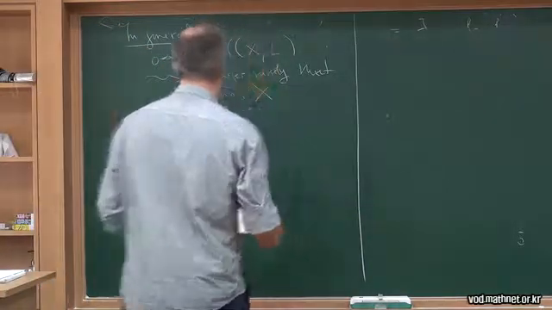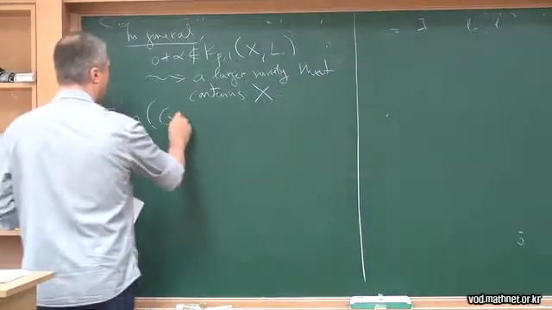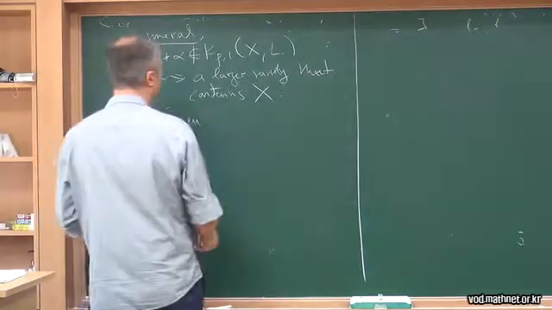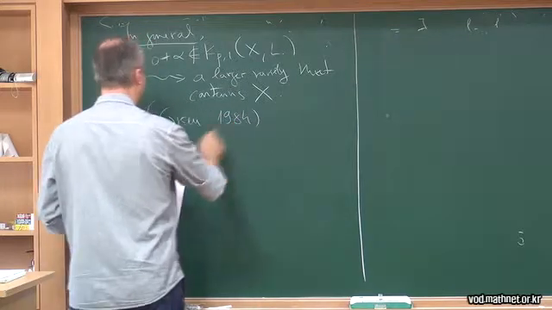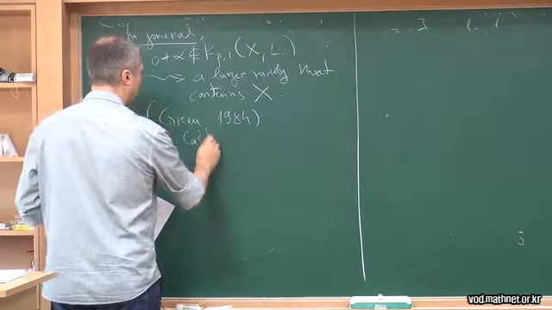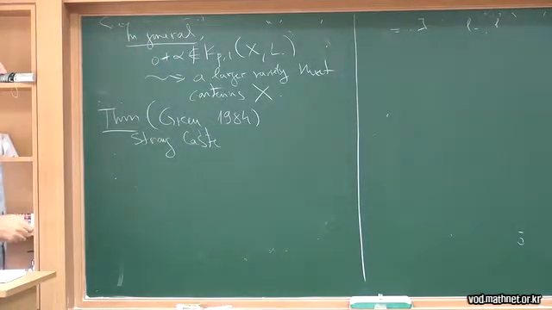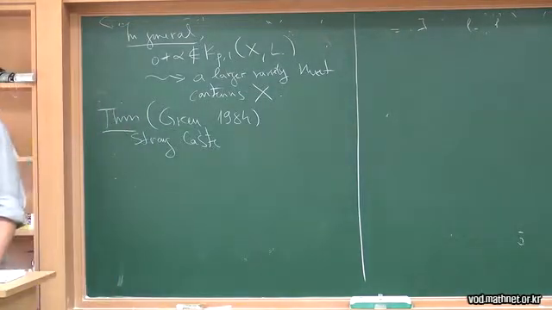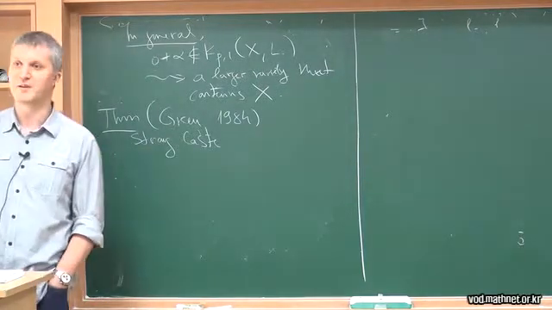And let me give you a sample. That's a theorem proved by Green in 1994. It's called the strong Castelnuovo lemma. Yes? Can you say something about the dimension of that larger variety? No, I'm afraid not. It's very hard, and there are very few cases where this is explicitly known.